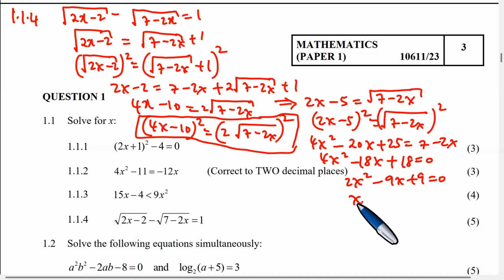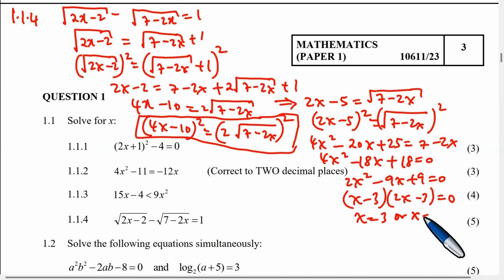Which means that this is x minus 3 and this is 2x minus 3. Which means x is 3 or x is 3 over 2.